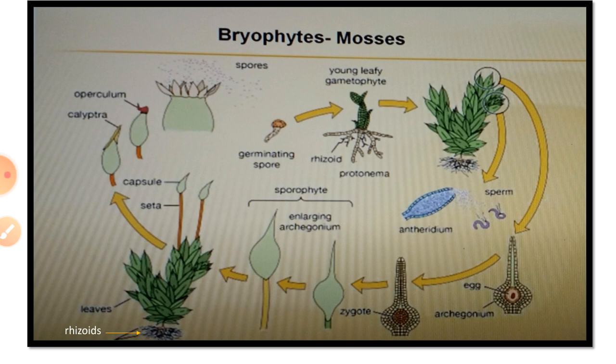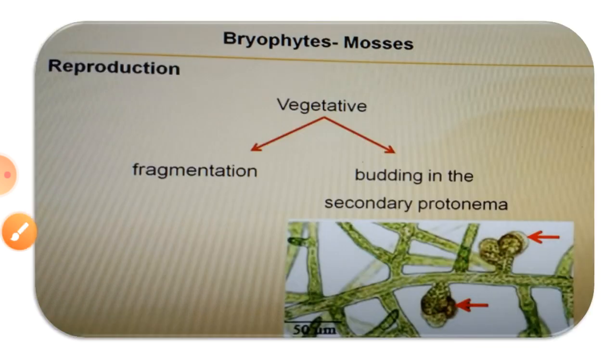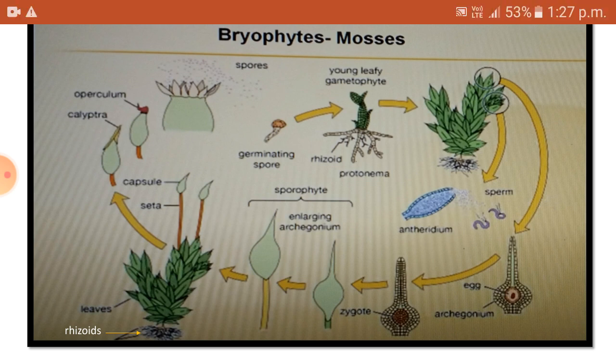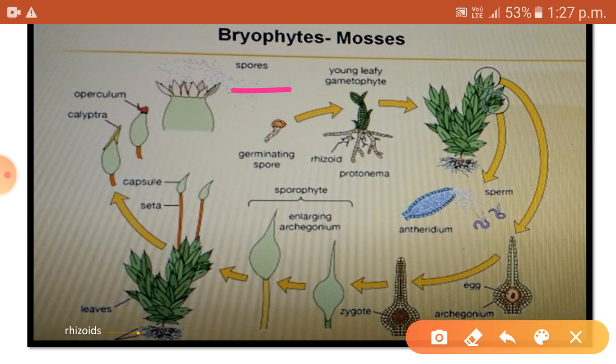Now let's see the sexual reproduction and life cycle of mosses. Like before, we will start from the germinating spores. The spore will germinate first into a protonema and then into a young leafy gametophytic plant body. You can see here.